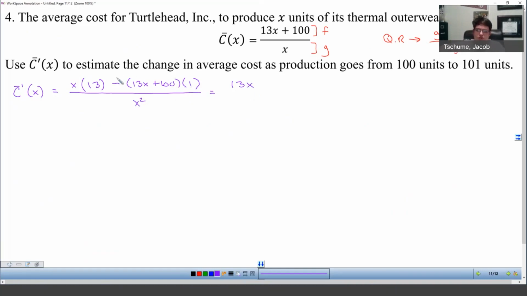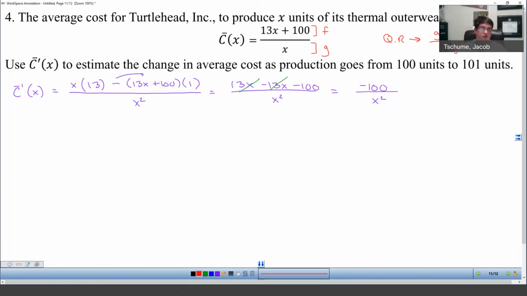This 1 doesn't do anything, so I'm just going to distribute the negative through. So that's minus 13x minus 100 all over x squared. The 13x's cancel, which is really, really nice. And you're left with a derivative of negative 100 over x squared.